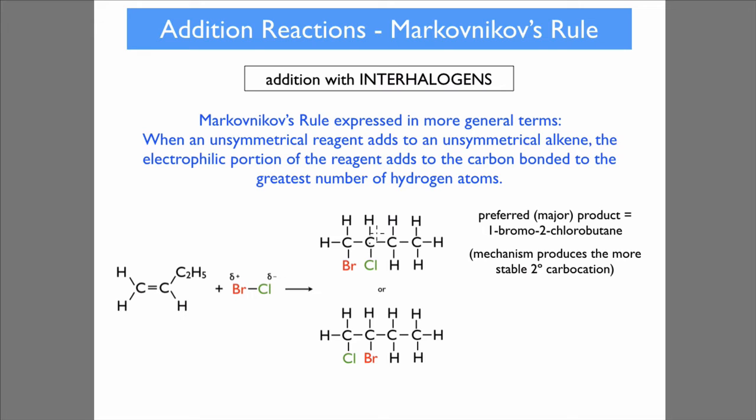And so this would be the positive one. And the positive one always goes with the more electronegative atom. So the preferred product, 1-bromo-2-chlorobutane. The mechanism produces the more stable secondary carbocation.